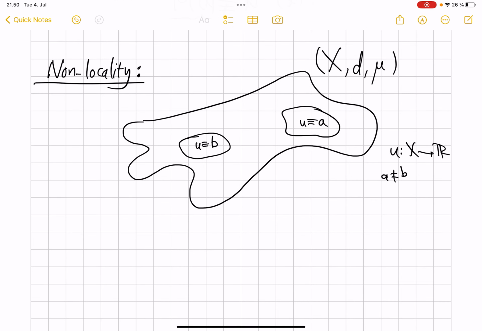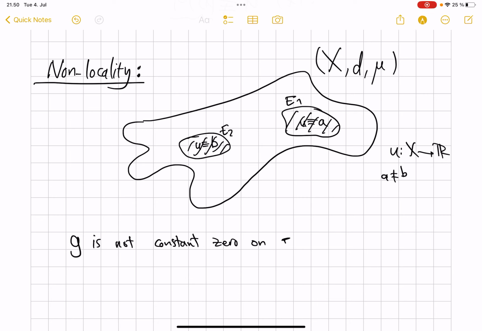Then the function g cannot be constant 0 on these two open sets, so let's say E1 and E2. So these are open subsets of omega.